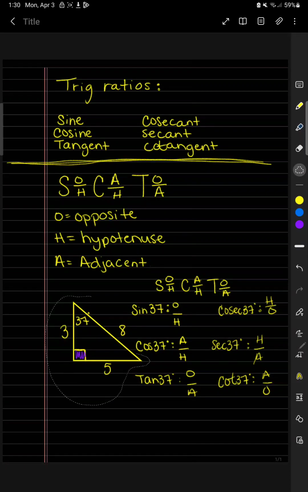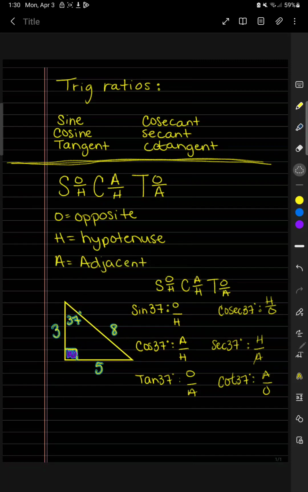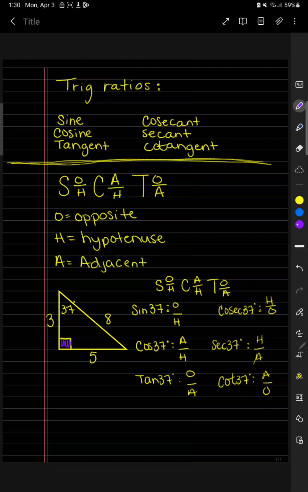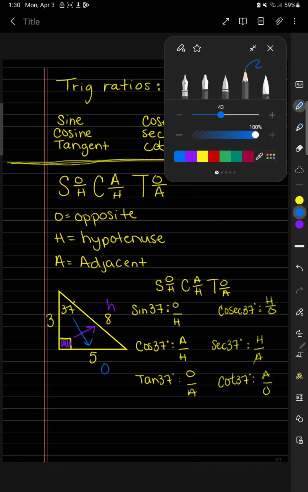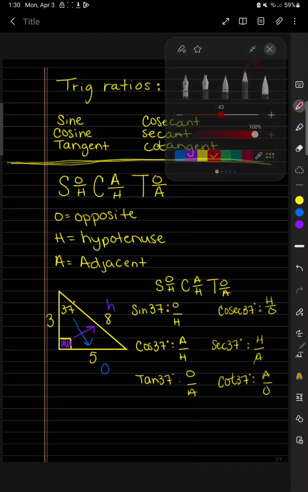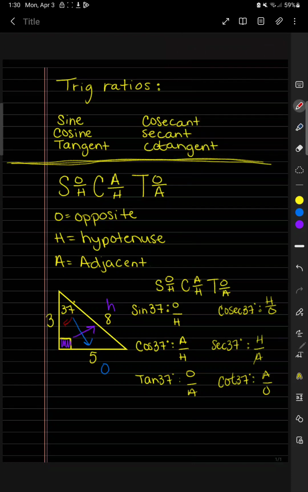So the first thing I recommend is that you label your positions just to make it a little bit easier. I know that 8 is my hypotenuse because it's the one directly across my 90-degree box. Opposite of 37 is 5, so we'll put O here. And last we have adjacent, which is the neighbor of 37, which is 3.